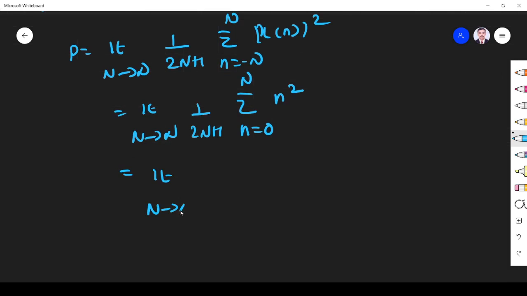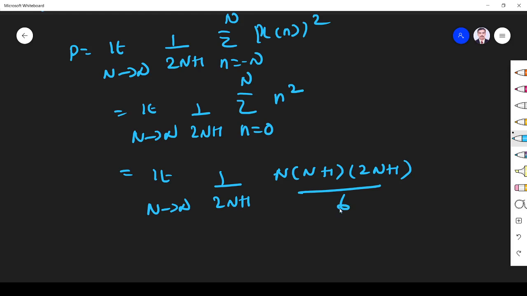Limit n tends to infinity 1 by 2n plus 1. We know the sum of n squared is given by, what is the answer? You can keep it like this. Here you keep the sum of n squared. We know the sum of n squared from 0 to n is n into n plus 1 into 2n plus 1 by 6, that we studied in our school days. Right?